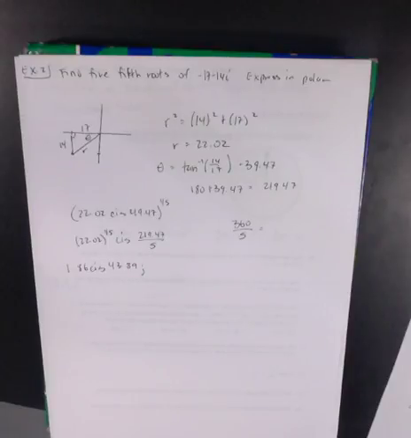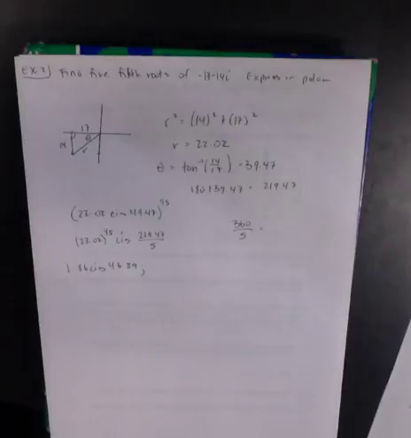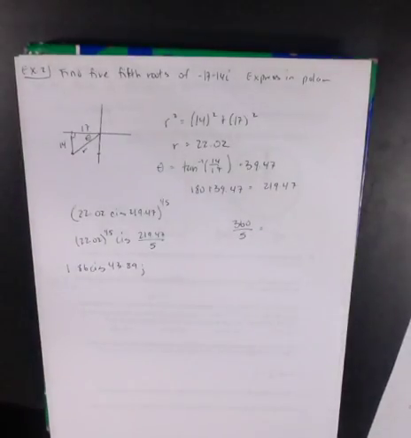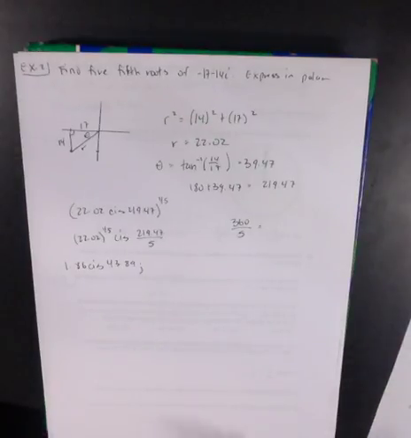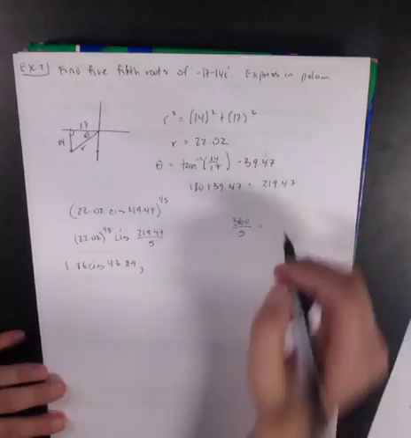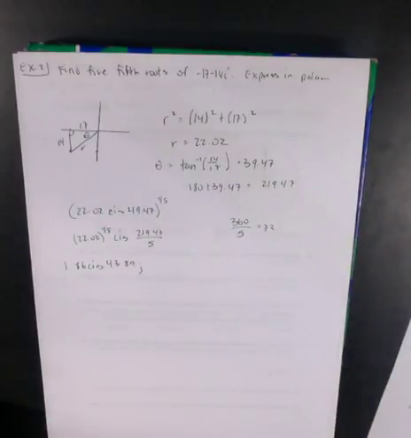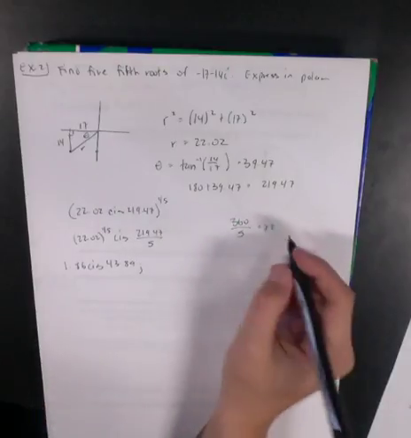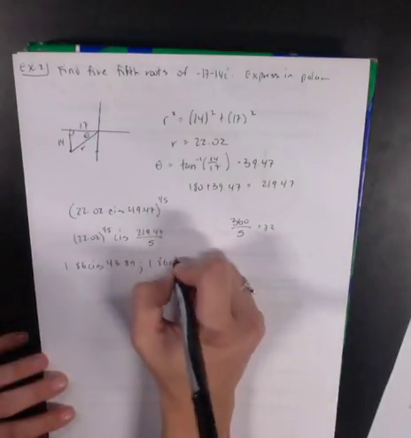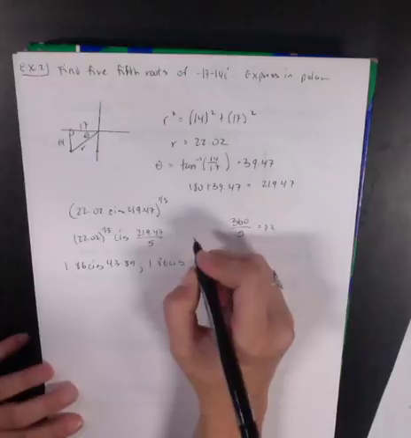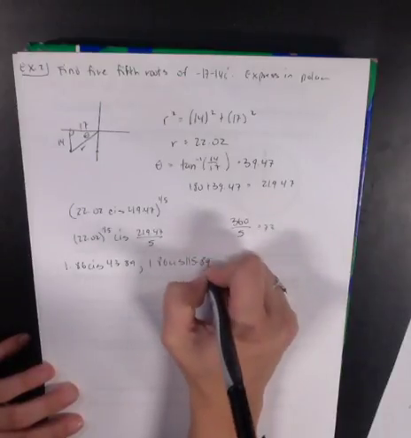Now, if you look in your book, it tells you a silly way to do it. Well, I guess it's not silly, but what you can do is just add 360 over 5 instead of doing 360 divided by 5. I think this is easier to just get a value, 72. Doesn't matter. So then you add 72, so we get 1.86 cis 115.89.